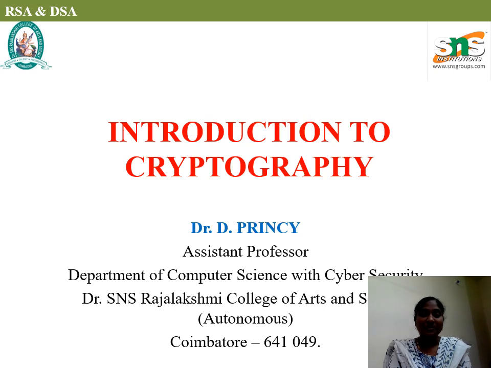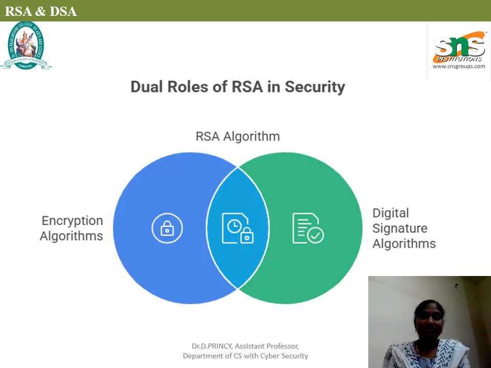In this video, I'm going to explain the different types of digital signature schemes, mainly RSA and DSA. In my previous video, we have seen about digital signature, components, and the types of digital signature schemes.